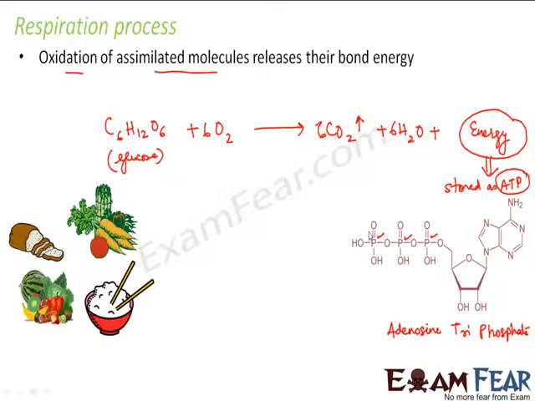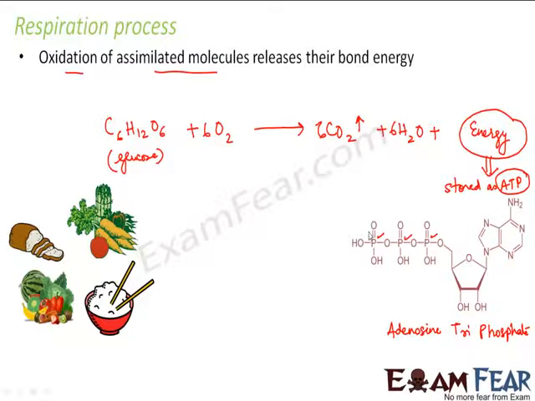So whenever the cells need energy, now who will use this energy? This energy will actually be utilized by the cells of the body, because cells are the ones who are performing the various functions of the body, all the metabolic activities. Now each cell needs energy to perform various activities. Whenever a cell needs energy, ATP molecules are provided to them. Let us suppose if a cell says that I need more energy, some emergency has come, then more number of ATP molecules are given.